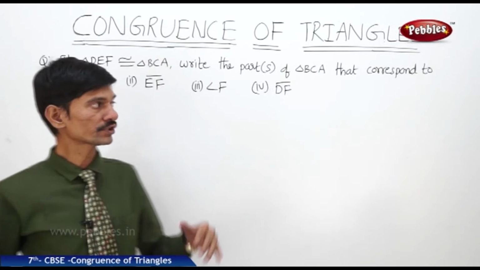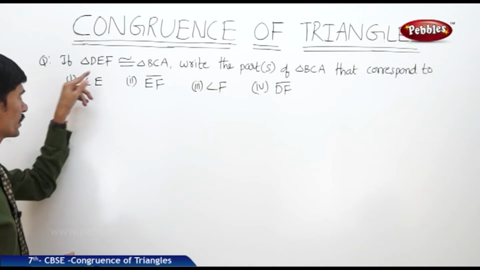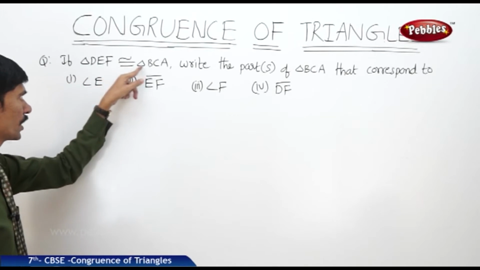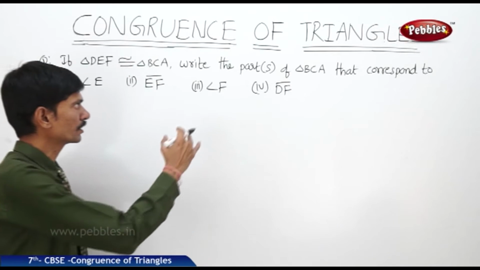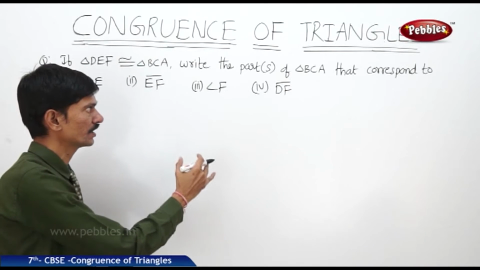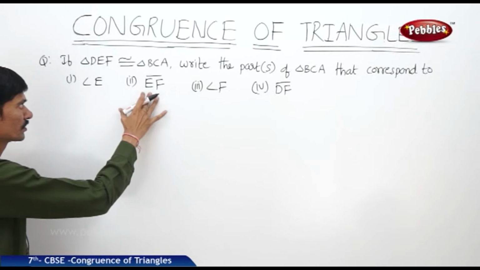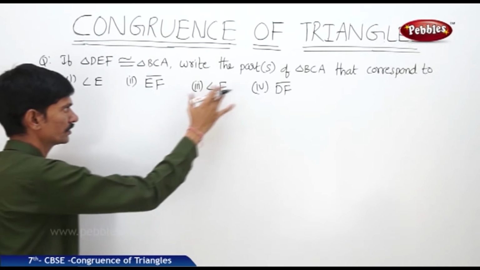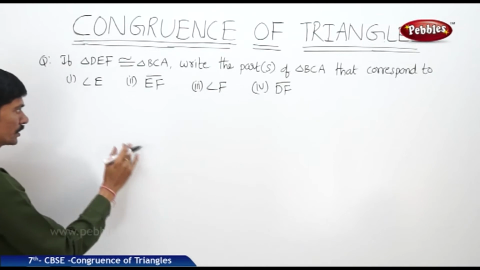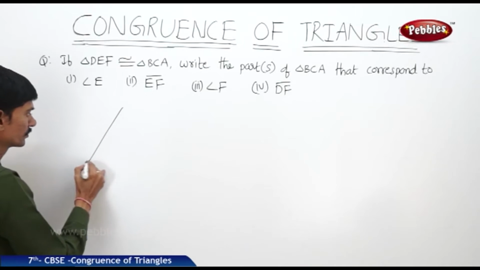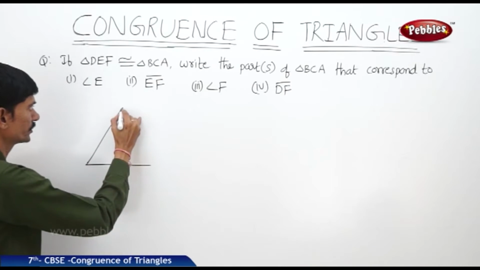Now let us see the next question. If triangle DEF is congruent to triangle BCA, write the parts of triangle BCA that correspond to angle E, EF, angle F and DF. Now let us draw the two congruent triangles.